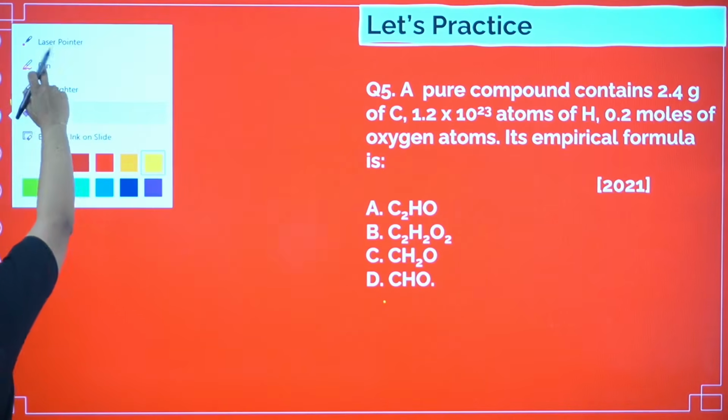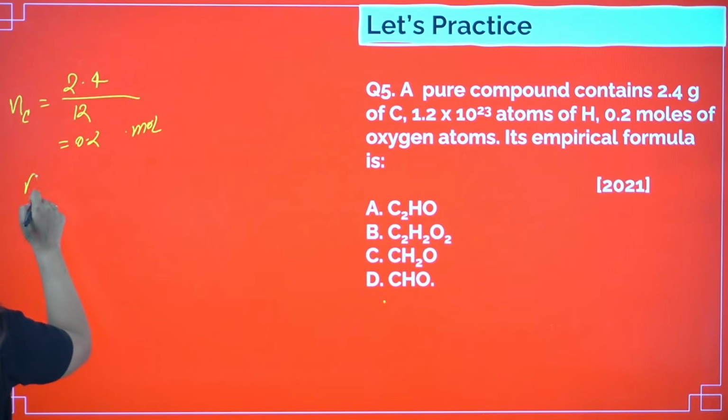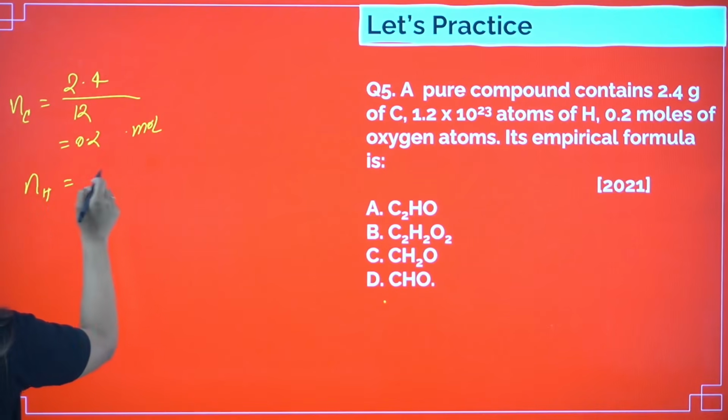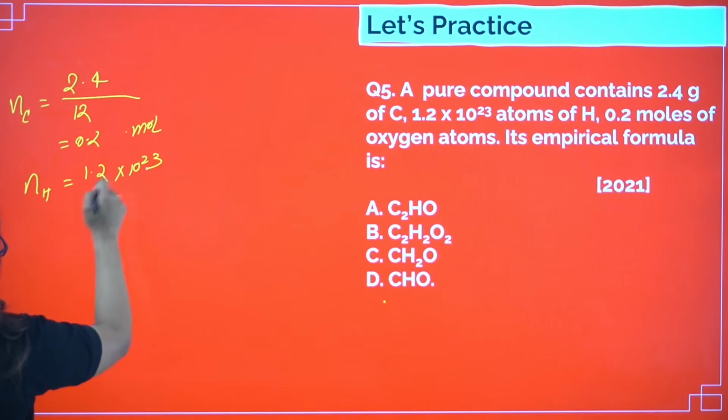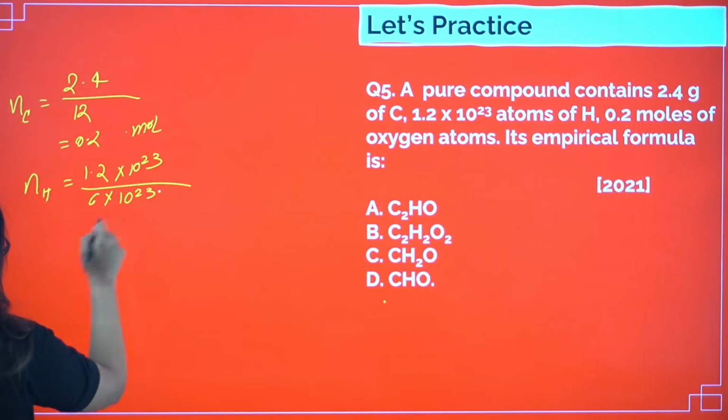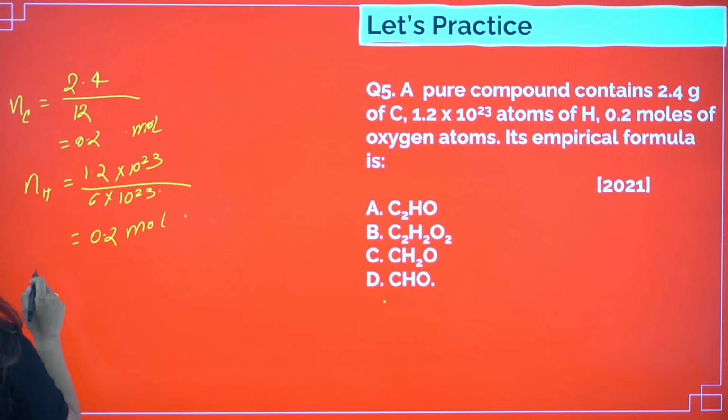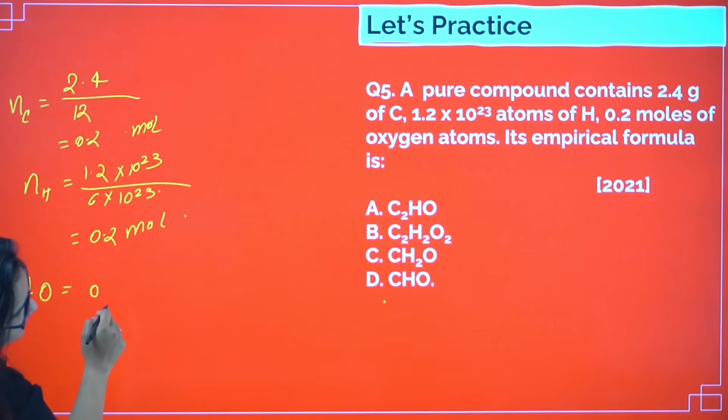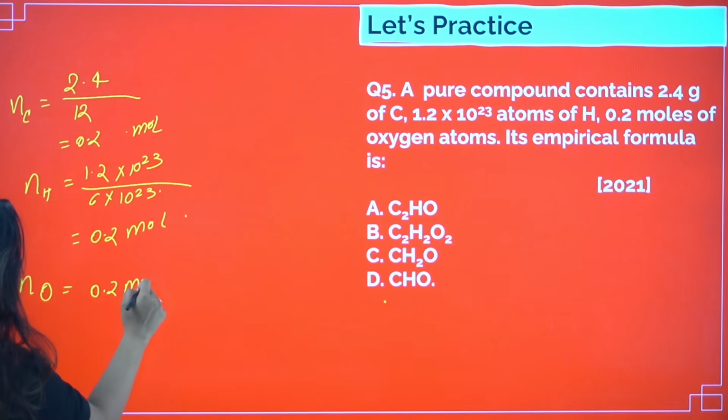So we get 0.2 mole, right? Now number of moles of hydrogen: atoms are given, so 1.2 into 10 power 23 divided by 6 into 10 power 23. So here also it will come up to be 0.2 mole. Now for oxygen, the number of moles is already given, that is 0.2 moles.